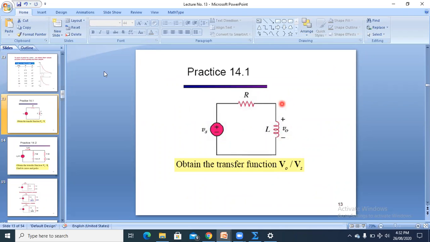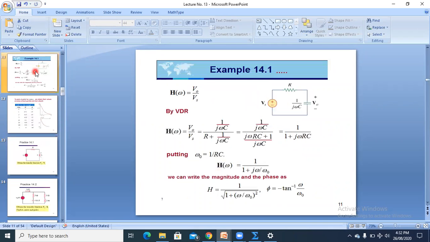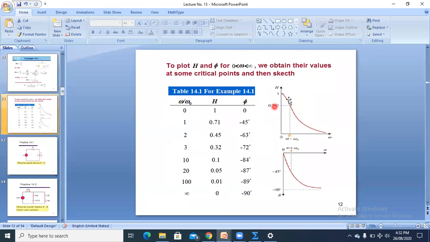By considering V out by Vs, you can replace this by j omega L and replace this by j omega L, and you can see what will be the value of omega naught for this circuit, and what is the value of the phase response and the magnitude response of the circuit.